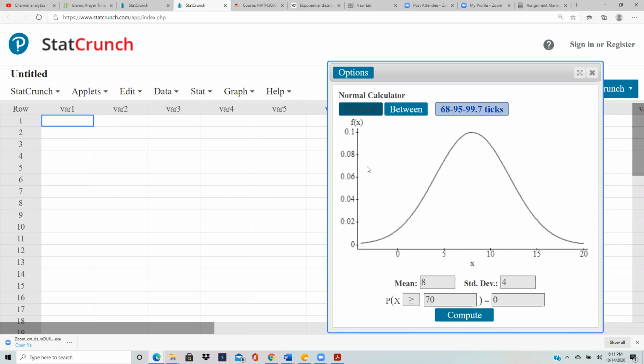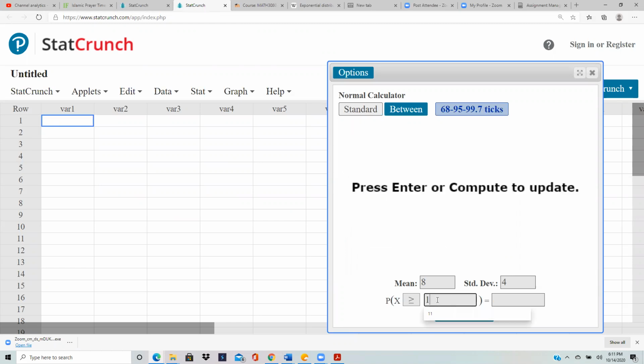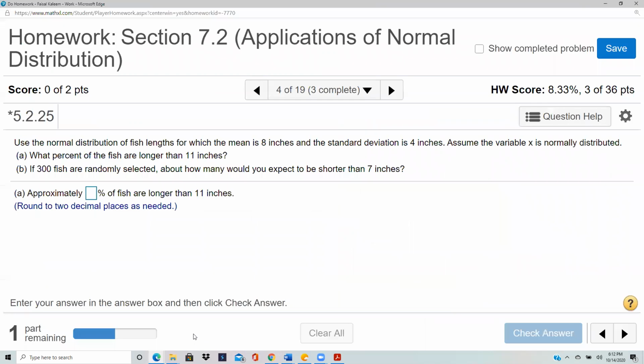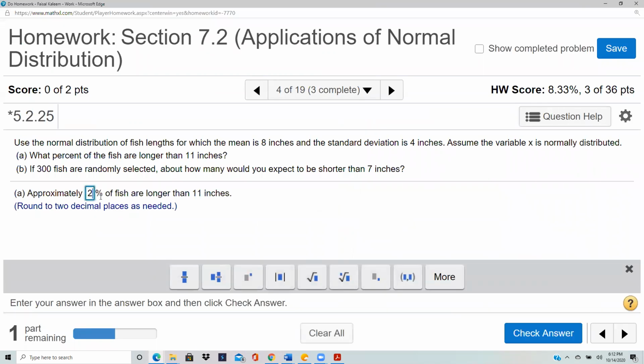Go back to standard, greater than 11. So remember, in a normal distribution, greater than and greater than or equal to is the same thing. 0.2266. They asked for a percentage, so 22.66%.